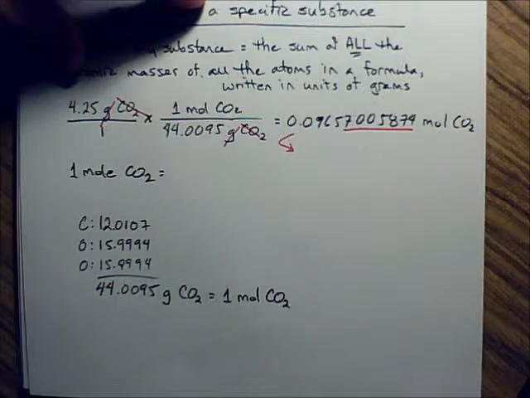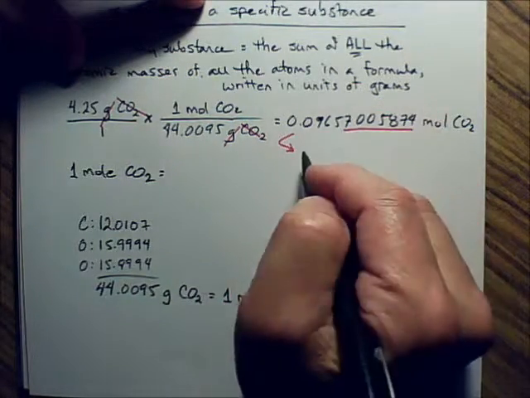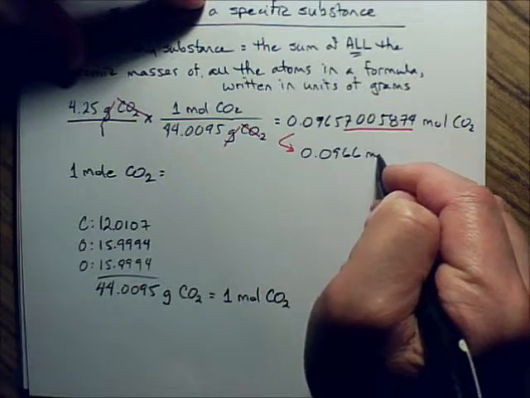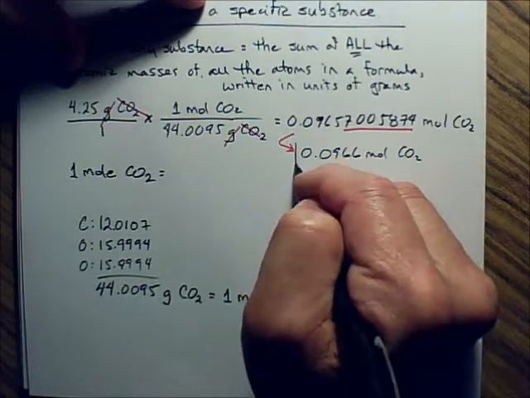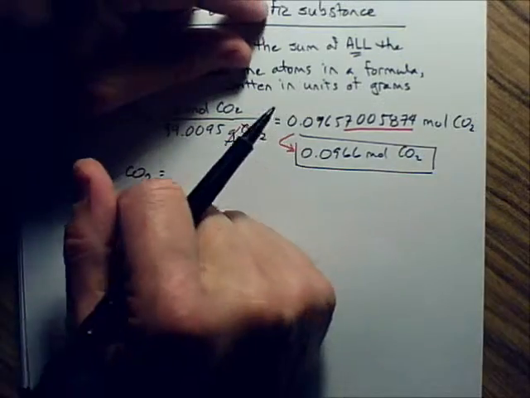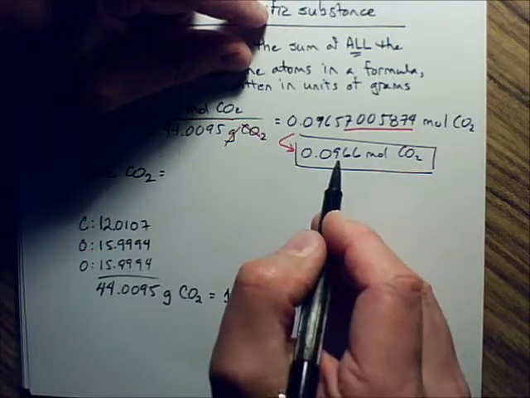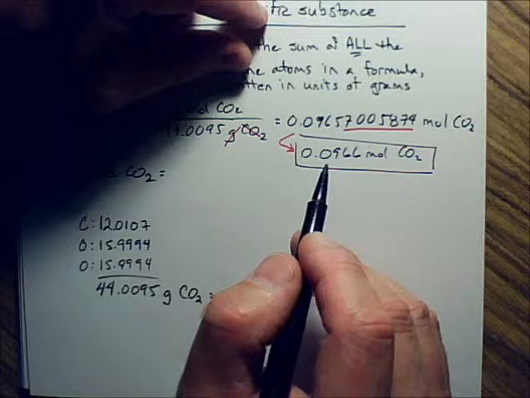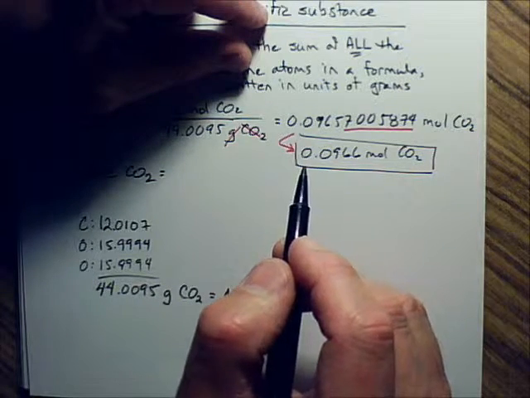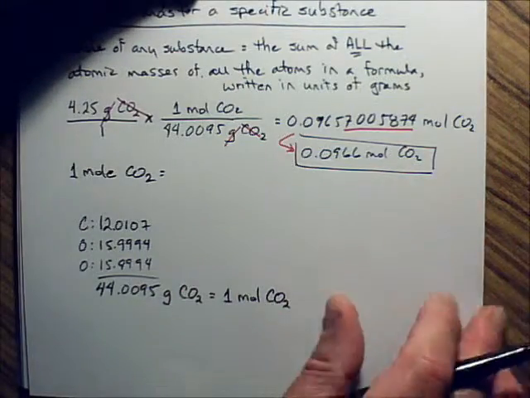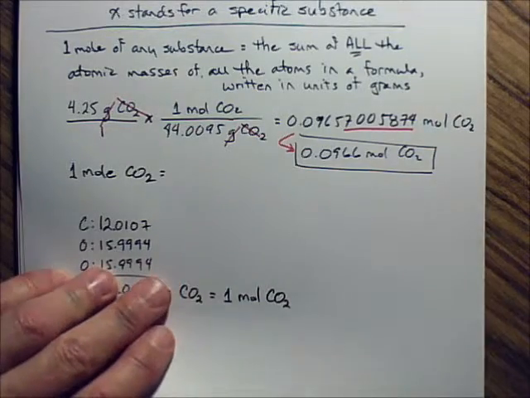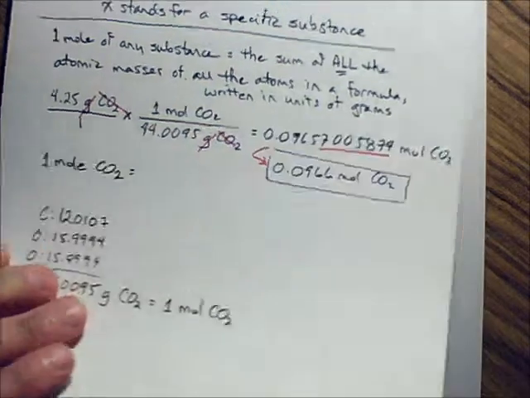Okay. So 0.0966 moles of carbon dioxide. How would you do it, Marlon? Yours would be 9.66 times 10 to the negative 2. Still got to have 3 digits.